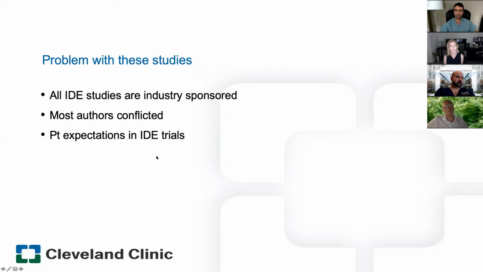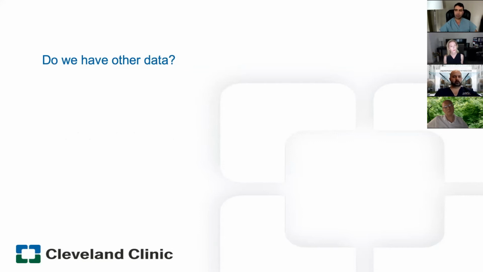But here's the thing. Again, a lot of these studies are industry sponsored and conflicted, and there's some question of, I believe, the Freelander effect, where the patients know they're being studied, and they know they're part of a large study looking at these outcomes. They tend to report their outcomes a little bit differently when they know they're being observed in the study.